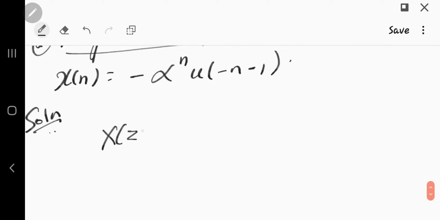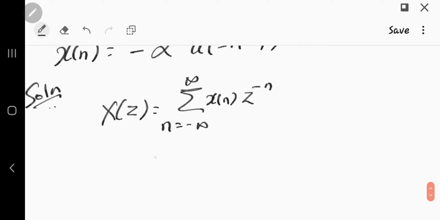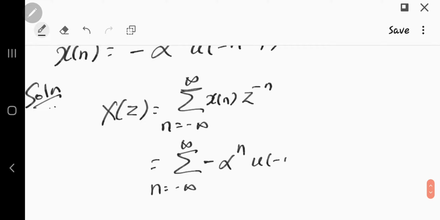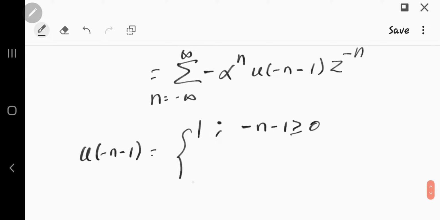So X of z is equal to summation n varying from minus infinity to plus infinity of x of n z to the power of minus n. If you substitute that, x of n is minus alpha^n u of minus n minus 1, times z to the power of minus n. Now u of minus n minus 1 is 1 for minus n minus 1 greater than or equal to 0, and it is 0 for minus n minus 1 less than 0.